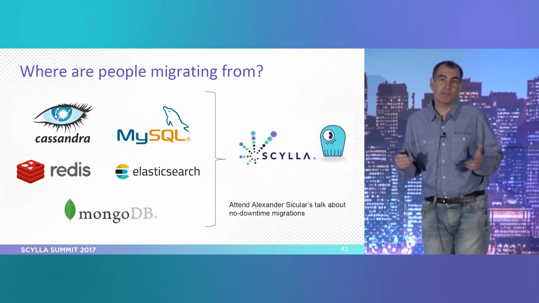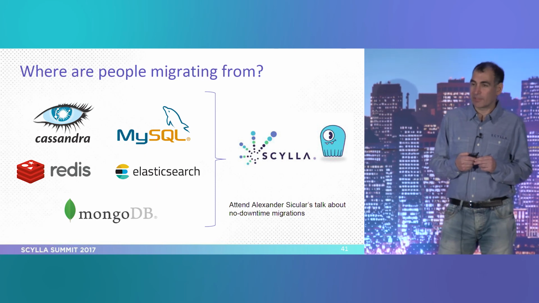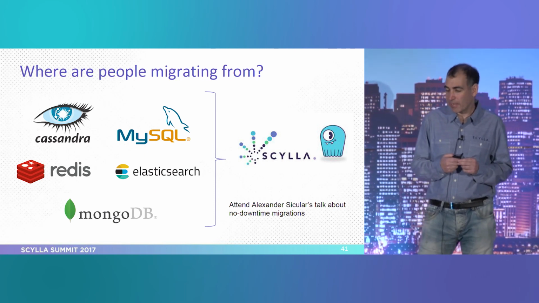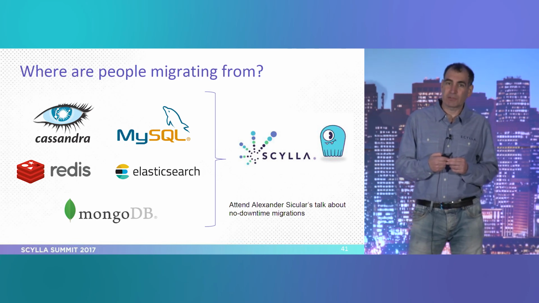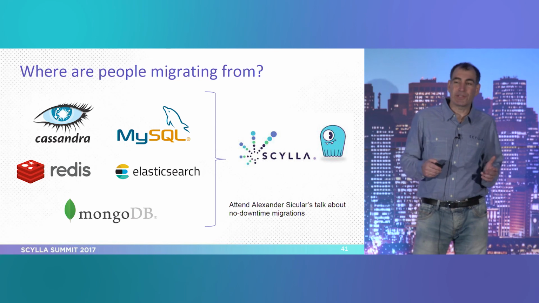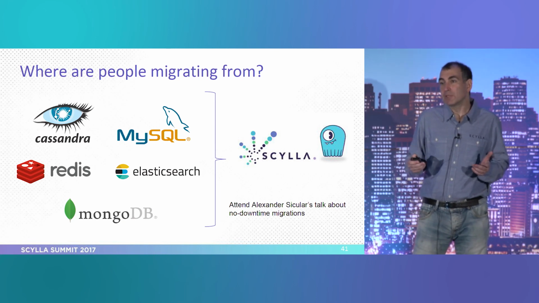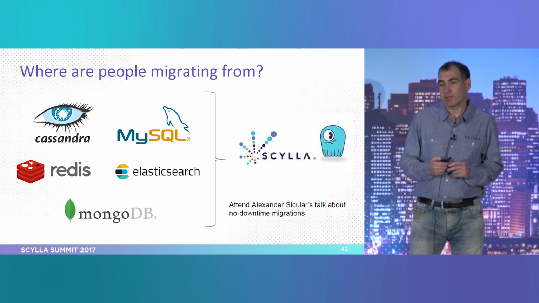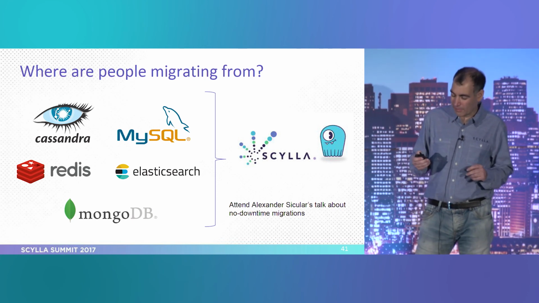And they're all migrating to Scylla. They recognize that the performance and the latency advantages are pretty high. And there will be a talk by Sasha Sicular about how to do those migrations with no downtime. So you don't need to take your service down in order to do the migration. A lot of people don't like that.